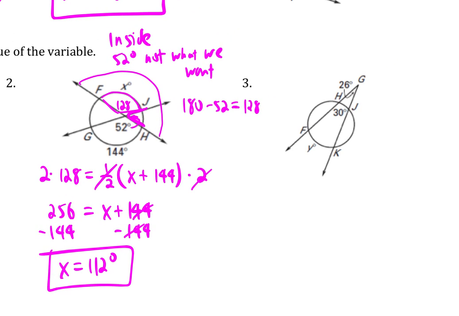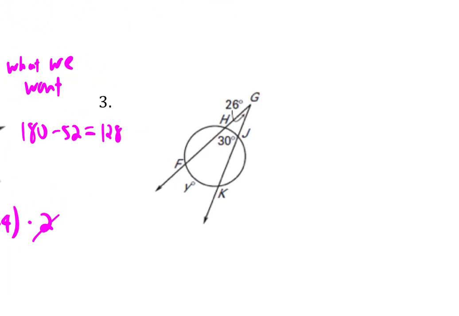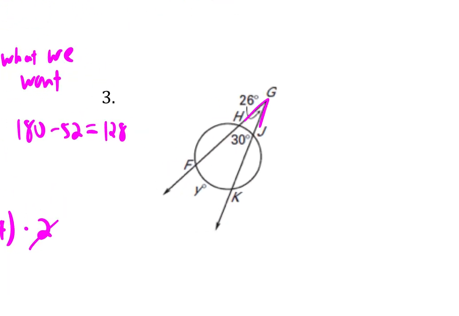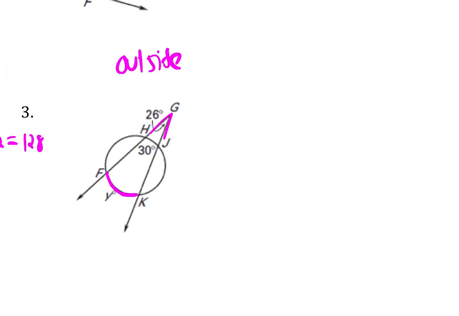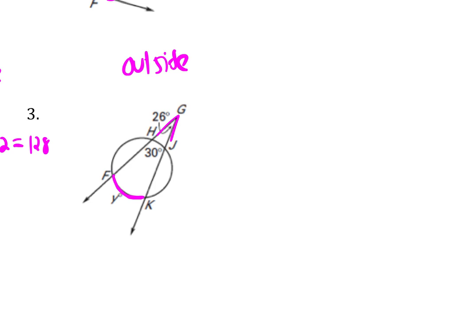But all right, number 3. We have this angle right here that is 26. Is that going to be on the circle, inside, or outside the circle? It's going to be outside. In this case, we know the angle, and we're looking for this arc right here, which is y. The setup here is the angle equals 1/2 of the two arcs subtracted.